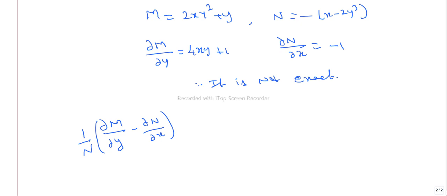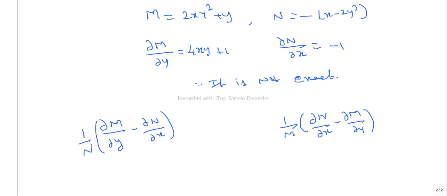That is the formula. We have to check whether this is a function of x alone or a function of y alone. Otherwise, if it is not a function of x alone, we go to the next step: 1 by m into (dou n by dou x minus dou m by dou y).